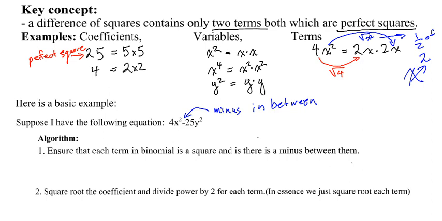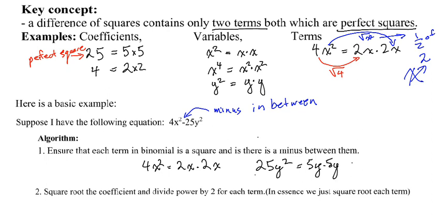Now, we're going to go through the algorithm to actually break down a difference of squares. So, in my head, I think about this. I say, okay, 4x squared can be written as 2x times 2x. And we also know that 25y squared can be written as 5y times 5y.